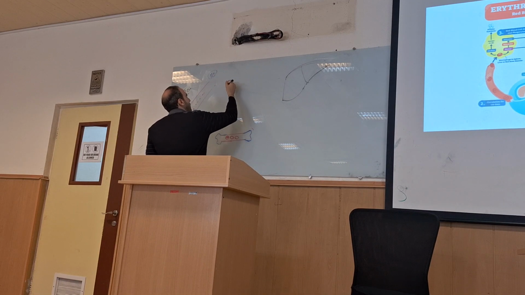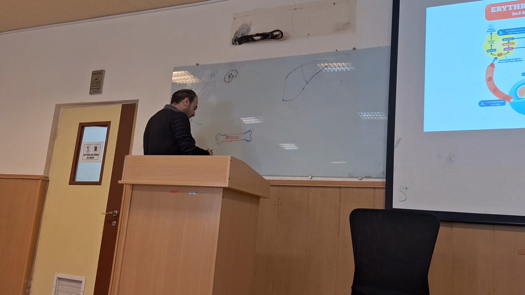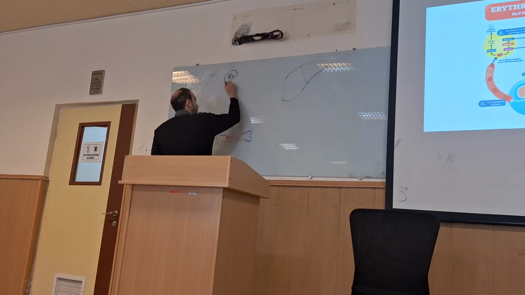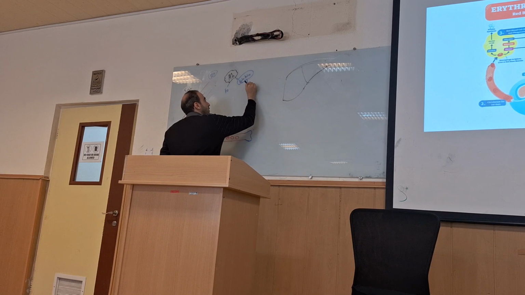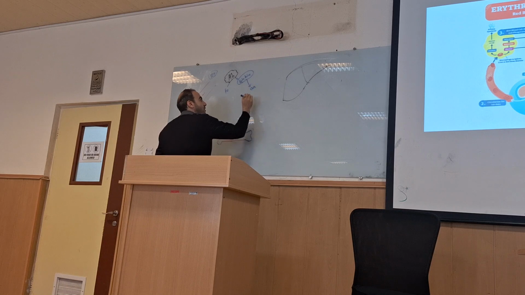When RBC are degraded, we have a part which is known as hemoglobin. Okay? Hemoglobin contains what? Iron and protein, globin. The globin part, or protein part, degrades to what? Amino acids.